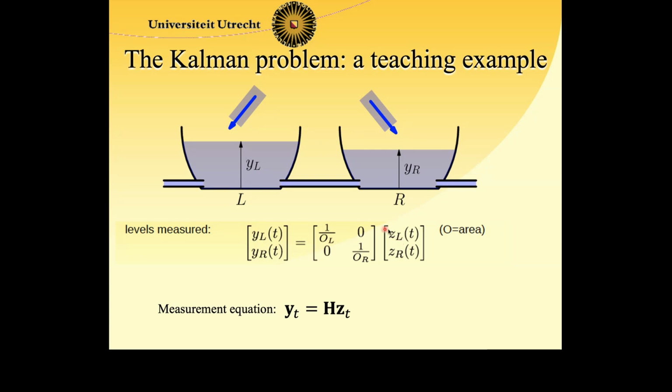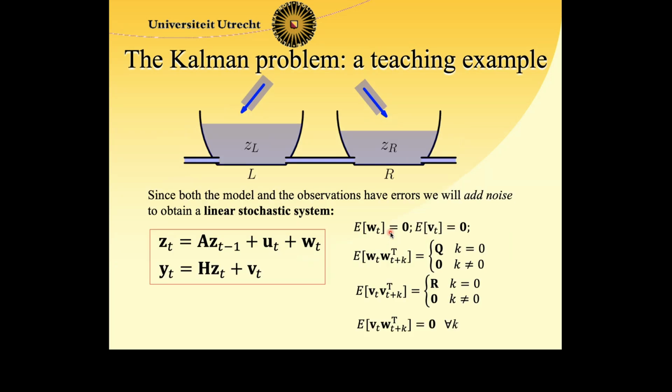And the height is nothing more than the volume divided by the area that we have. So suppose this area is assumed to be constant, then if we measure the depth, we also have an idea of what the volume is. Of course, there's an error here. This is called the measurement equation.